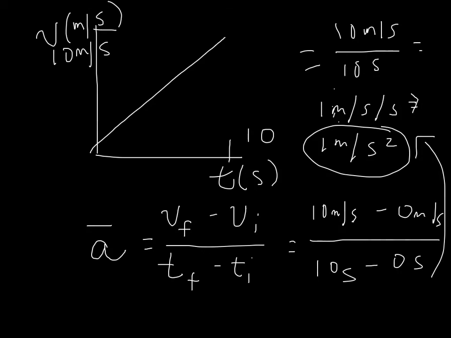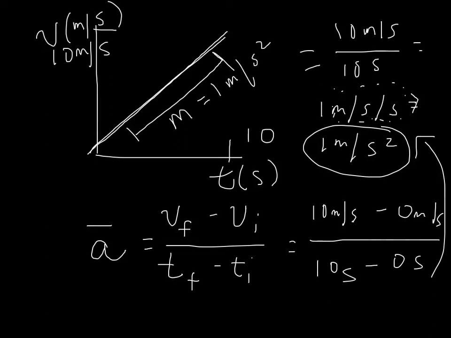Sometimes, just conceptually, it's easier to think about it as meters per second, because it's the rate at which the velocity is changing. So this person, if you look at the slope of this line, they're continually increasing their velocity at a constant rate of 1 meter per second. Okay, so the slope of this line is 1 meter per second squared. And that's what we got using this.